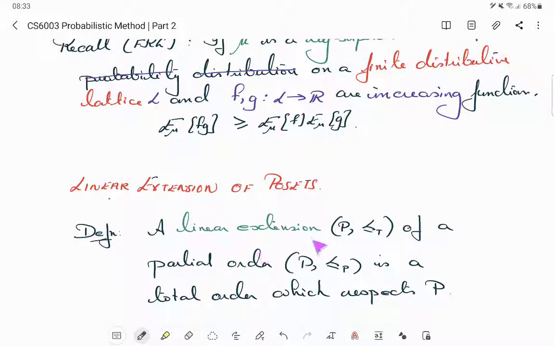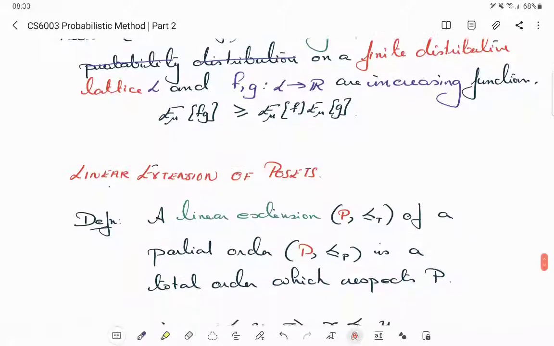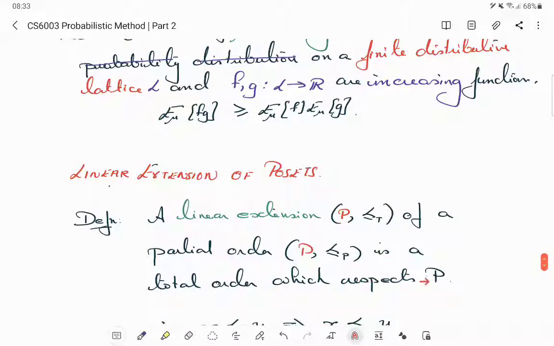Now, a linear extension is a total order on the same domain as P. So notice here that it is the same P here and here, but with the additional demand that this total order respects P. Okay, so what do we mean by one order respecting the other?